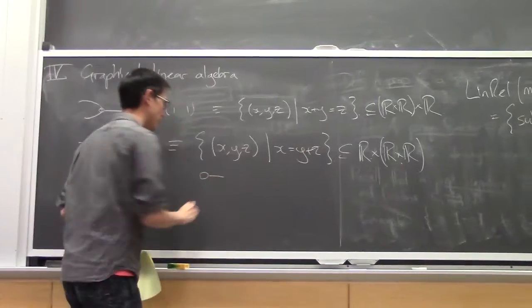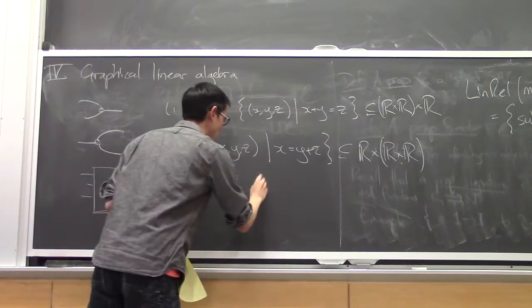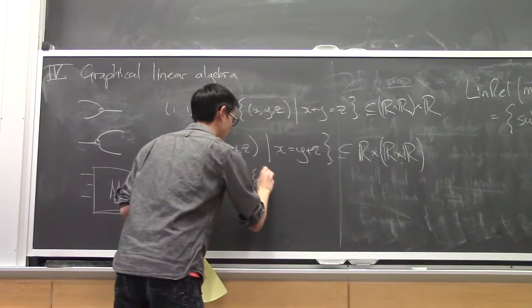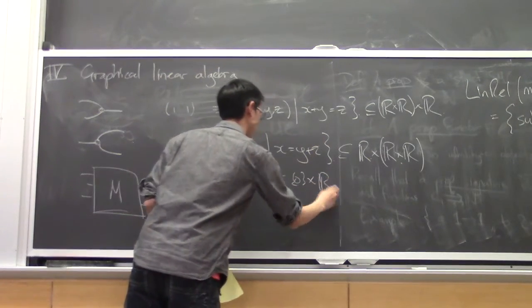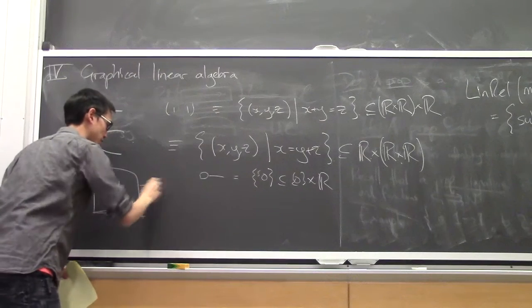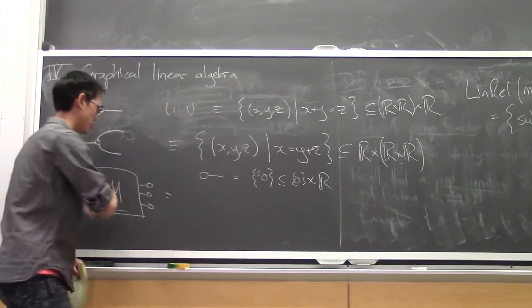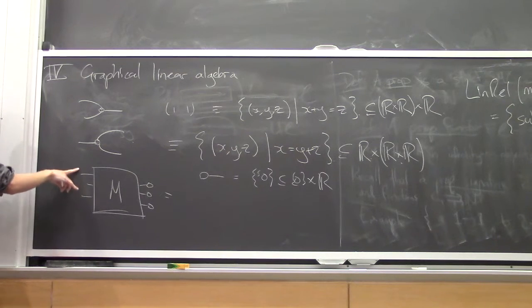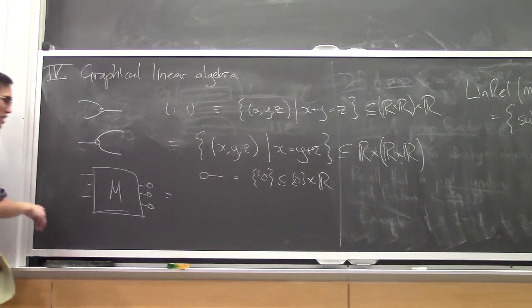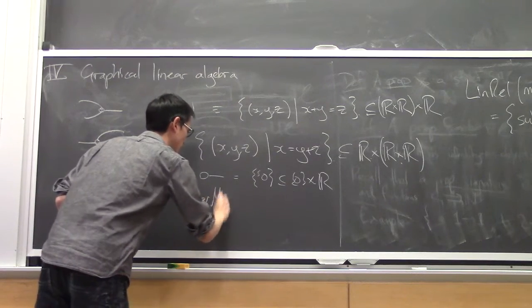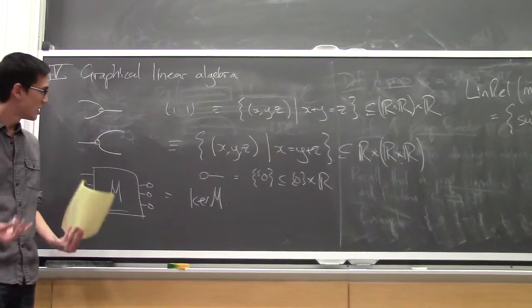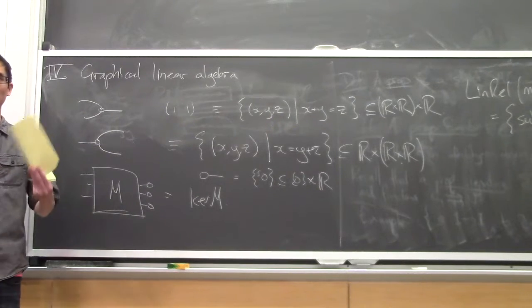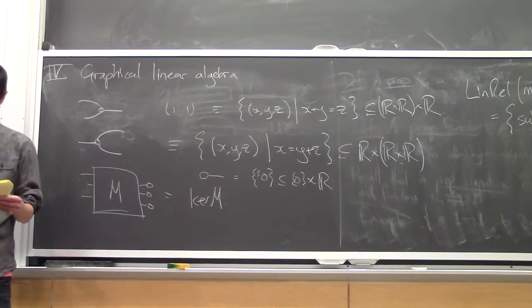Well, this thing already, as we talked about earlier, represents the element 0 lying inside the zero-dimensional vector space times R. So if we flip this around and put zeros here, this thing represents a subspace of just the vector space generated by these inputs here. And in fact, this is the kernel of N. So for those of you who have seen this notion in linear algebra, it's fundamental to analyzing matrices. And you can carry out the story in more detail.